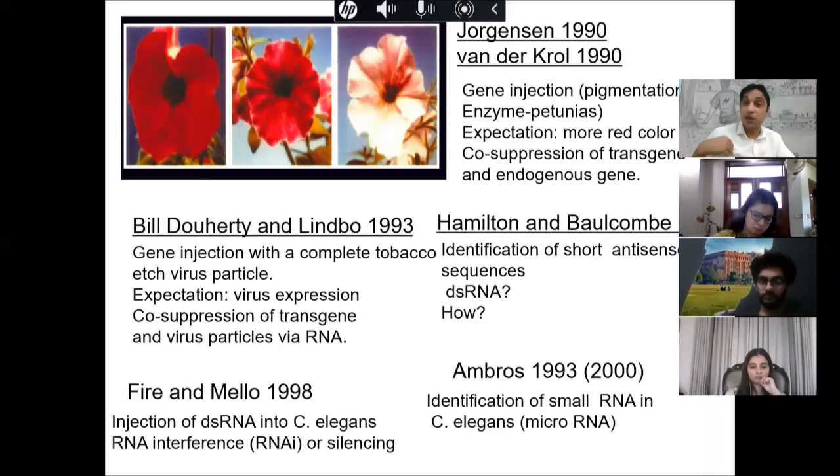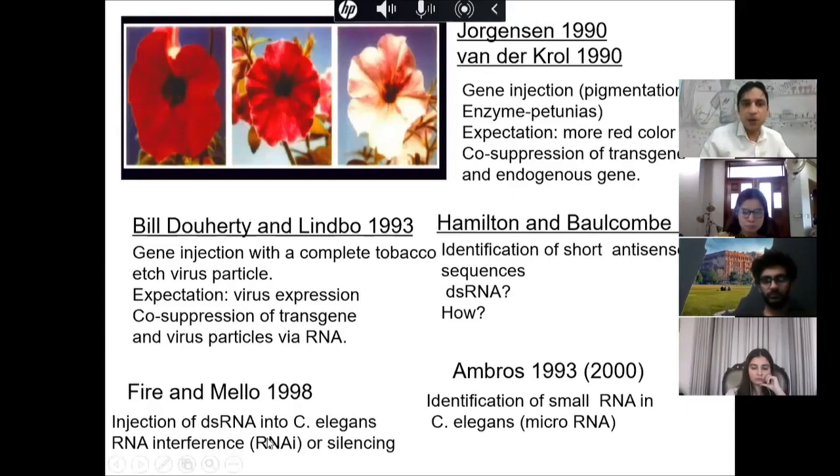They were assuming that by giving the gene of the virus to the tobacco, it should increase the viral expression, but they found co-suppression. So initially it was termed co-suppression, giving a certain gene which reduces the expression. They had no idea about that thing at that time.